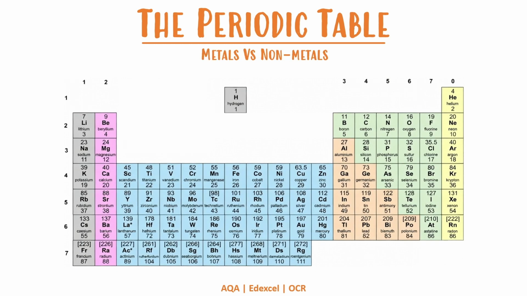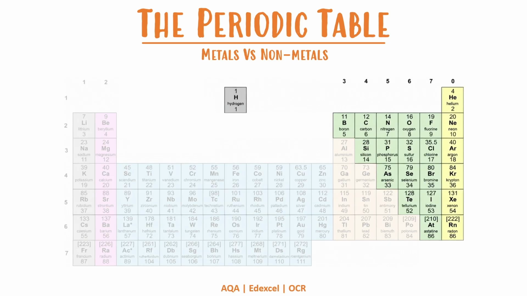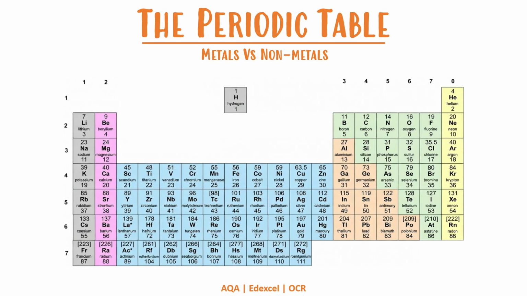The periodic table splits up metals and non-metals, with our metals being found on the left-hand side, making up the majority of the periodic table, and our non-metals being the minority on the right-hand side. And we can see there that staircase that divides and separates the metals and the non-metals.